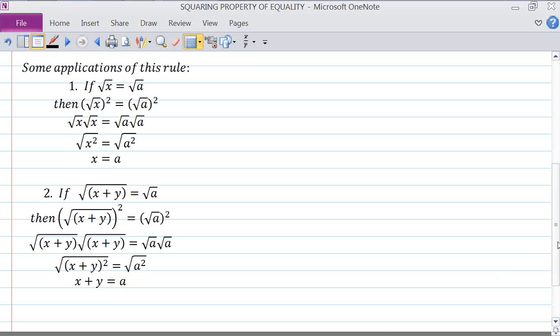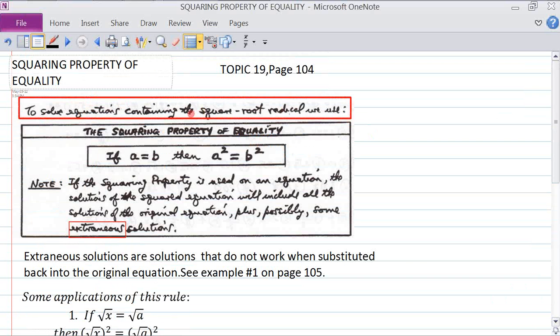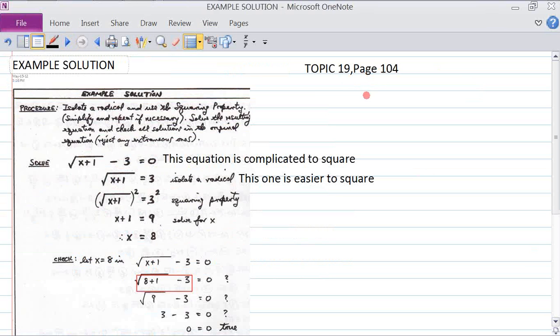So we're going to see some examples as we go along, not only on page 104, but 105, and other pages associated with topic 19. Now let's see the procedure, and it says isolate a radical.